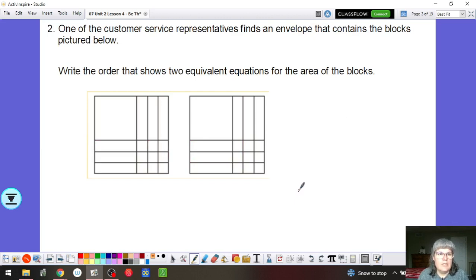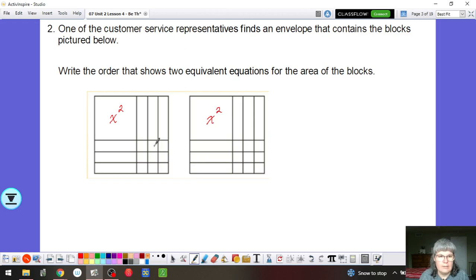In our next example, one of the customer service representatives finds an envelope that contains the blocks pictured below. Write the order that shows two equivalent equations for the areas of the blocks. Well, we have the squares that we know are x squared from our previous lesson.